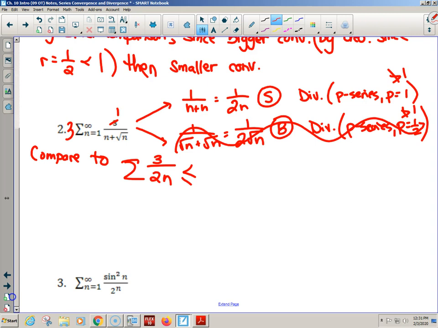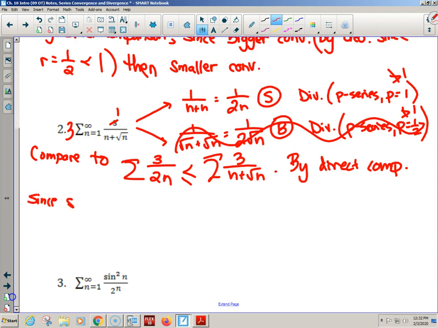Okay, at that point, this guy is now bigger. But I didn't have a problem where my smaller, bigger switched. It was like, okay, they were equal at first, but then they start to go different directions as far as different strengths. So I can have that guy who's always smaller than this guy. Since the smaller diverges.